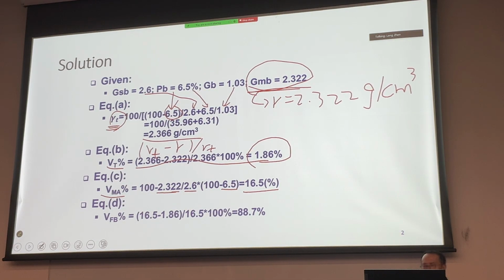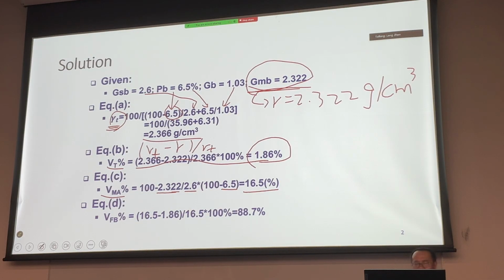Which means the total volume between every particle is 16.5%, while the total air void volume is only 1.86%, which means the majority of the void between particles is filled with the binder, right?